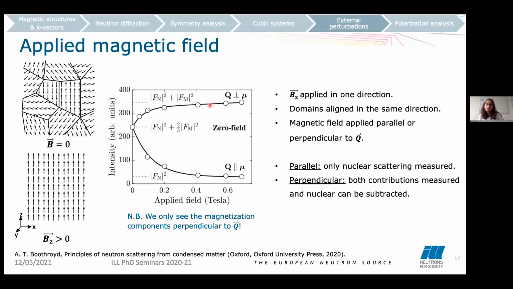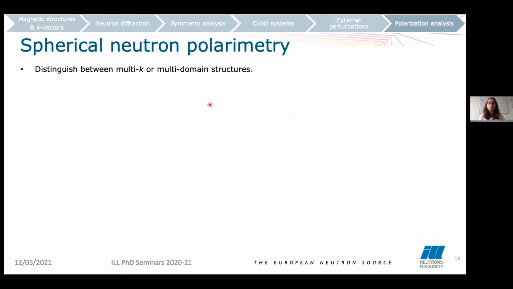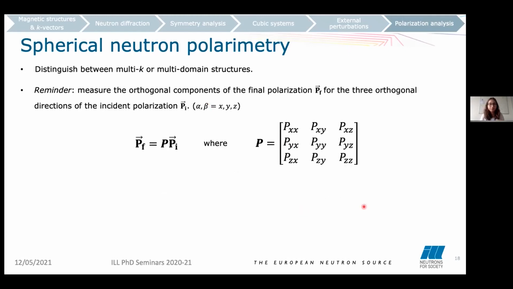The other thing that we can do to distinguish between multi-K or multi-domain structures is use some kind of polarization analysis. And the most appropriate, I think, is spherical neutron polarimetry. Now, this has already been discussed in previous talks, so I'm not going to go too much into it, but just a little reminder that when we do spherical neutron polarimetry, we measure the X, Y, and Z directions of the final polarization for the X, Y, and Z directions of our initial polarization.